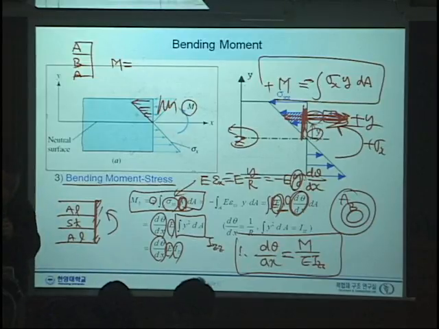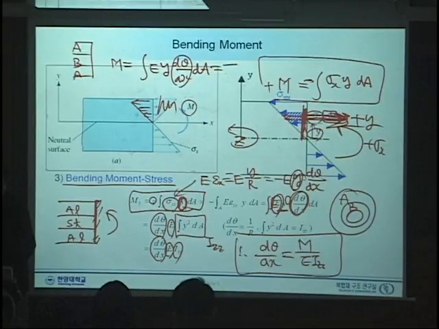The only difference is that when you integrate E, Y, d theta dx, dA, you have to be careful in integrating this term. And here, d theta dx is always constant.